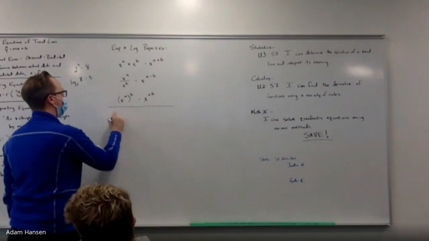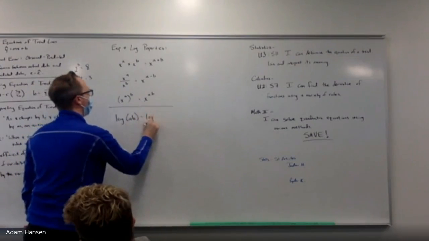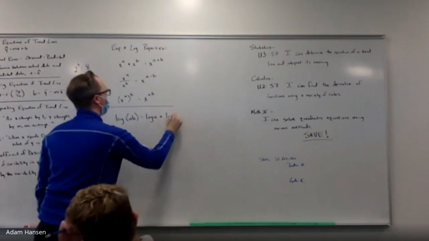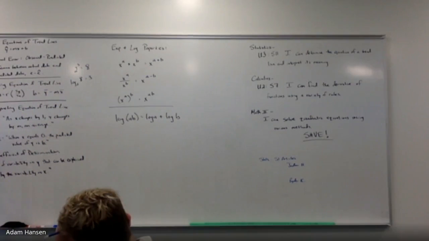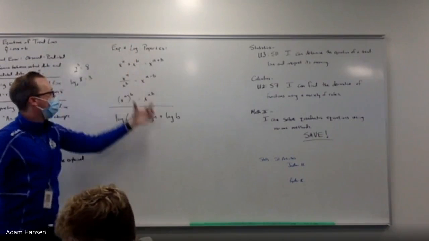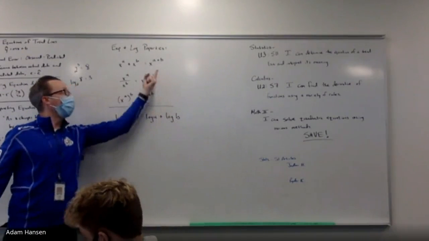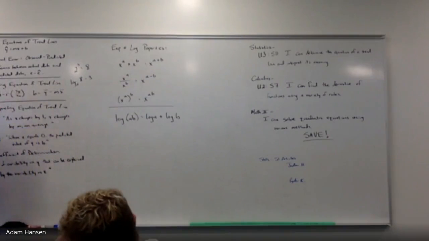Log of ab equals log a plus log b. When I multiply inside a log, I can expand that using a sum based off of this first property. Did everyone see the connection there? Same thing, just a little bit backwards in log form.